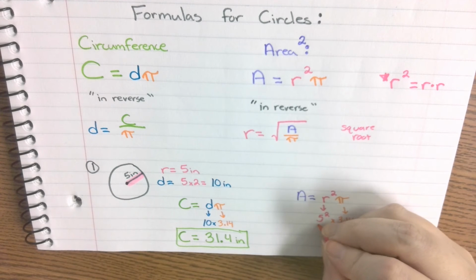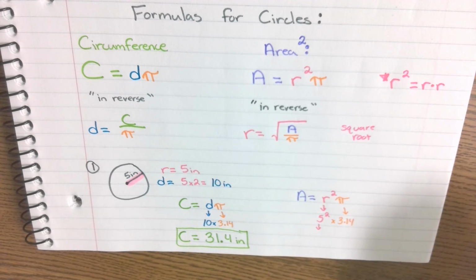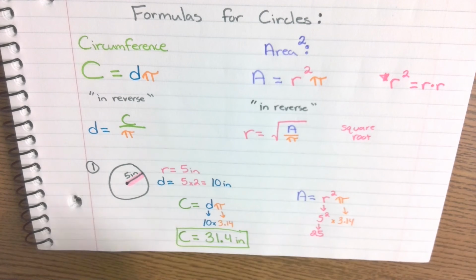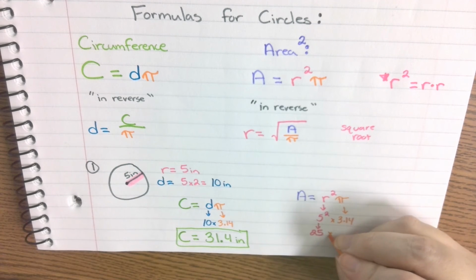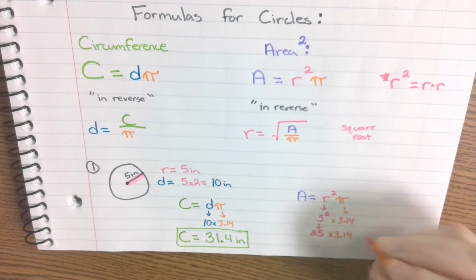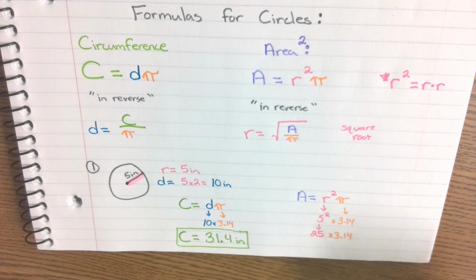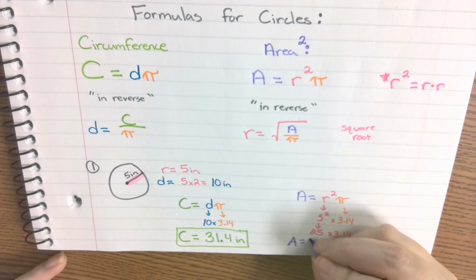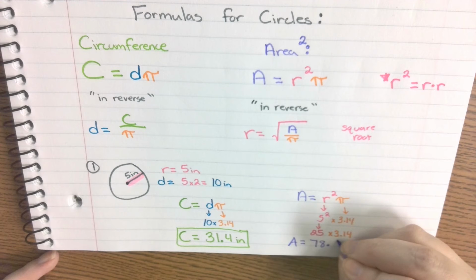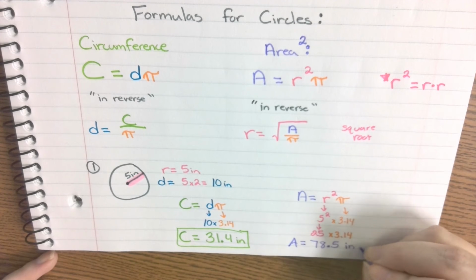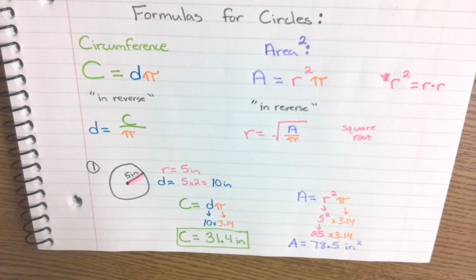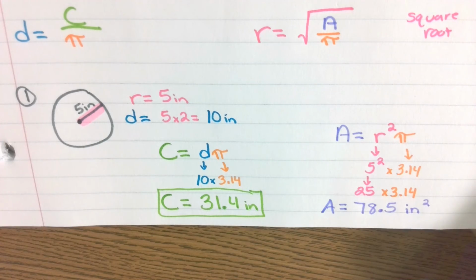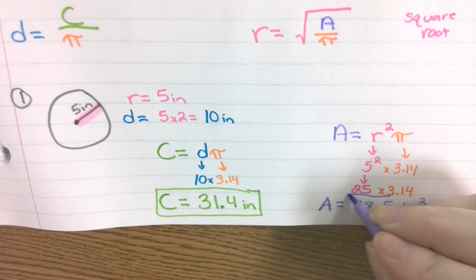What's 5 squared? 25. 5 times 5 is 25. So then we're going to do 25 times 3.14, and that will give us our area. So the area in this case is going to come out to 78.5, and again, it's inches squared. You have to put the squared measurement on the inches.